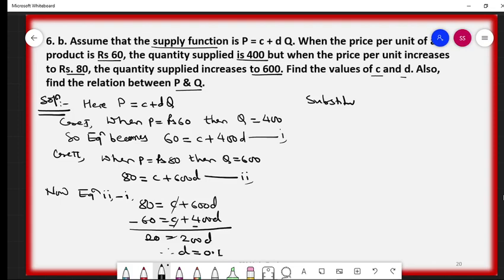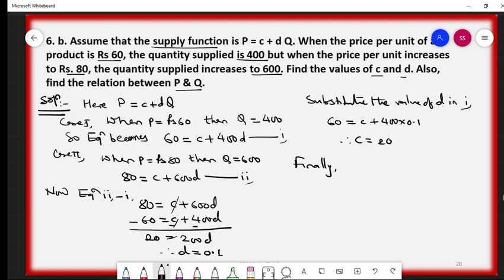Substitute the value of D in the first equation, dear students: 60 equals C plus 400 times 0.1. Therefore C equal 20 by calculation. Finally, the relation between P and Q is P equal 20 plus 0.1Q. This is the solution for this question.